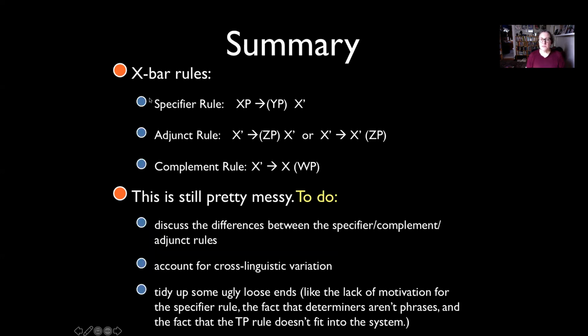So our X bar rules, we've got the specifier rule, which starts us off, right? XP consists of YP plus X bar and X bar. We've got the adjunct rule, and this is the one that has prepositional phrases or adverbial phrases that can have recursion, or noun phrases that can have recursion.